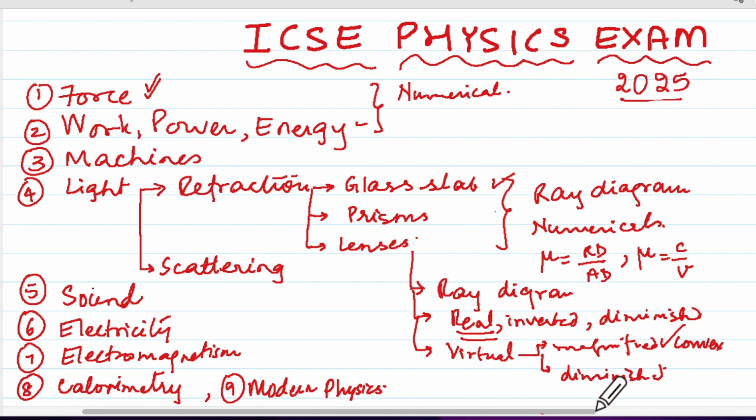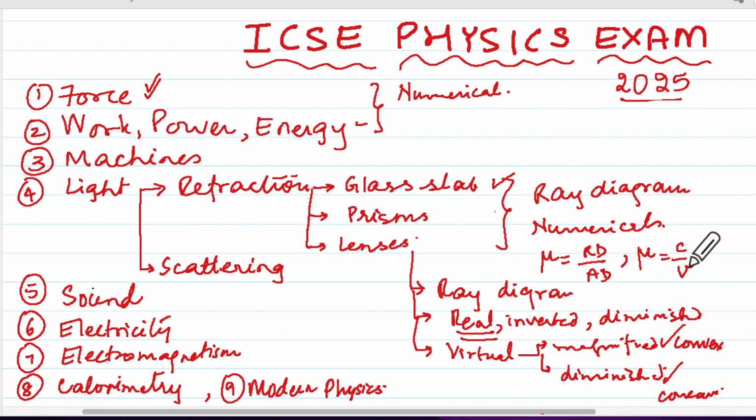And if it is virtual and diminished upright image, then this has to be concave lens. Okay, this is convex lens, this is concave. So you need to know this, and then you have to remember the formula on which the image distance, the object distance, and the focal length, those calculations also will come in that.